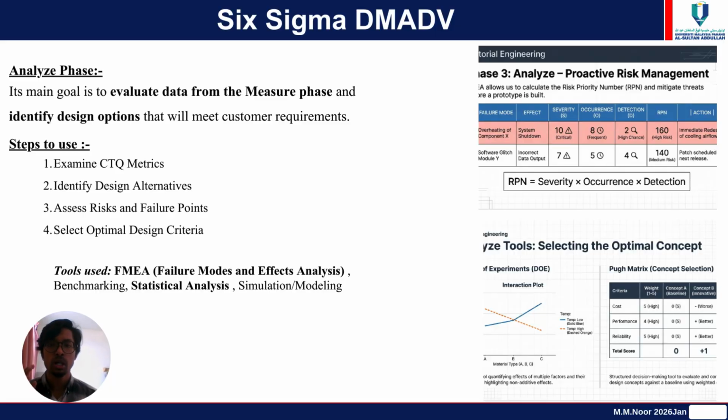High risk issues are addressed early to prevent future problems. We also use decision matrices to compare these alternatives based on cost, quality, and reliability. By the end of this phase, the best and safest design option is selected.